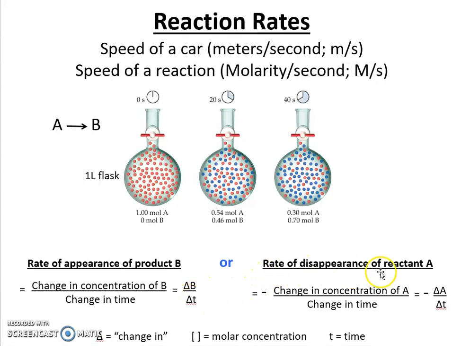Now for the rate of disappearance of reactant A, we actually add a negative sign in front, because that's going to make sure that we end up with a positive rate. We can't have a negative rate. We just show the negative saying that it's disappeared, that we're losing that. In either case, we could calculate the rate of appearance of product B over 20 seconds or over 40 seconds, or we could look at the rate of disappearance of A over 20 seconds or 40 seconds.